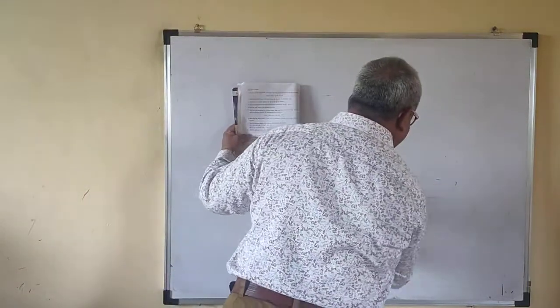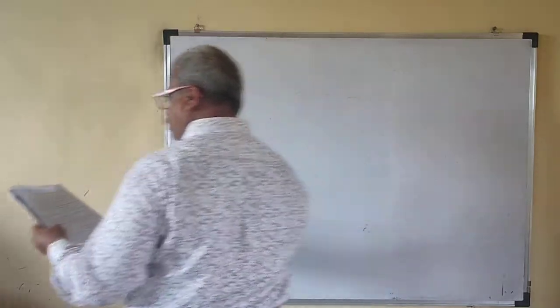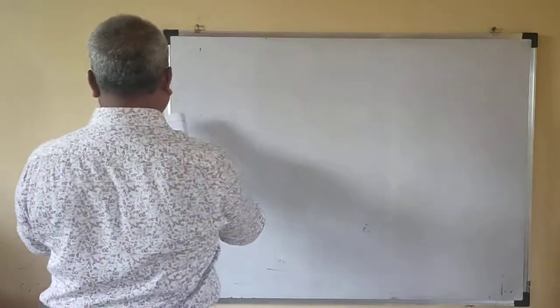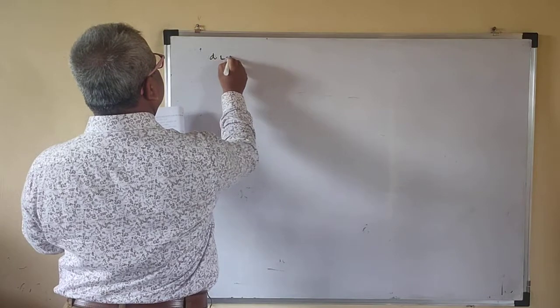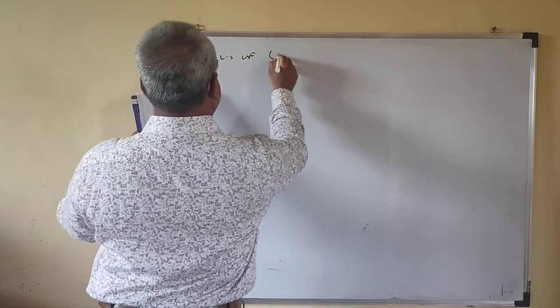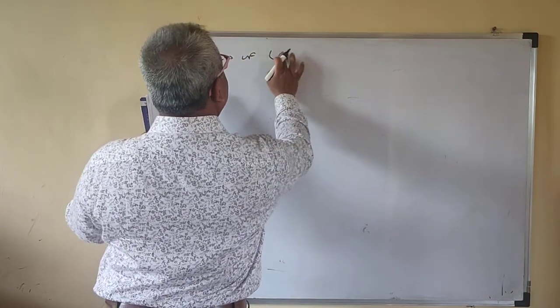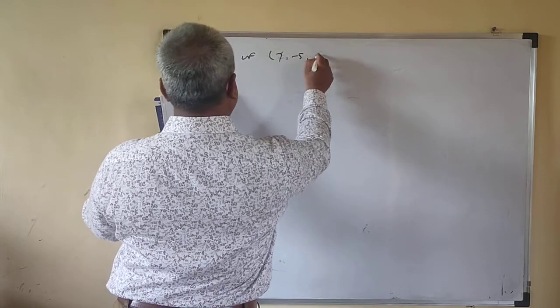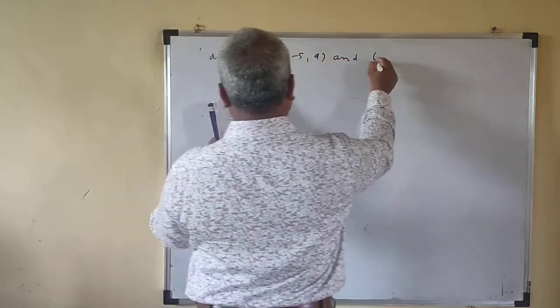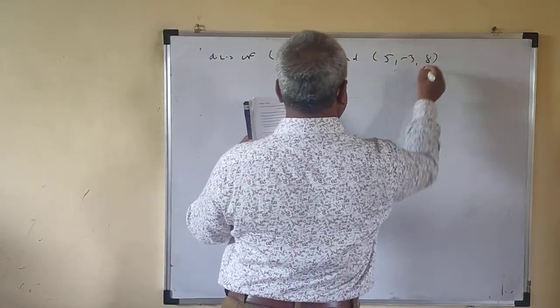Now we'll find the DCs of the line joining the two points (7, -5, 9) and (5, -3, 8).